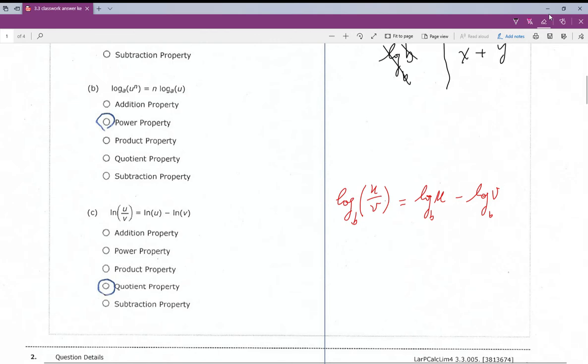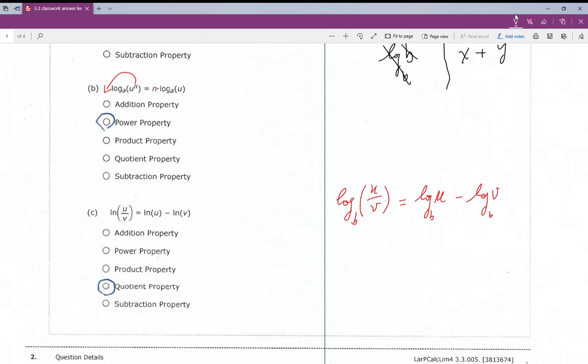Another formula is when you have n on the exponent, this n can be brought out to the outside, become a coefficient, and it becomes multiplication. So that's one of the formulas.